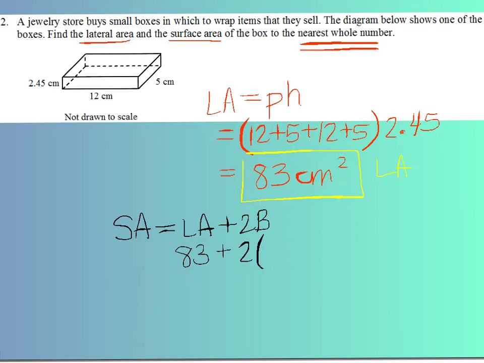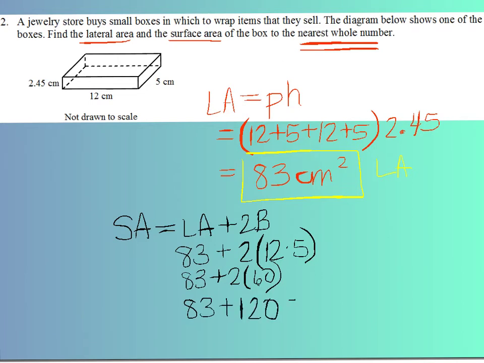So 2 times 12 times 5. So doing this math, we get 83 plus 2 times 60. So that's 83 plus 120. So that means our surface area is 203 centimeters squared. So there's our answer for our surface area.